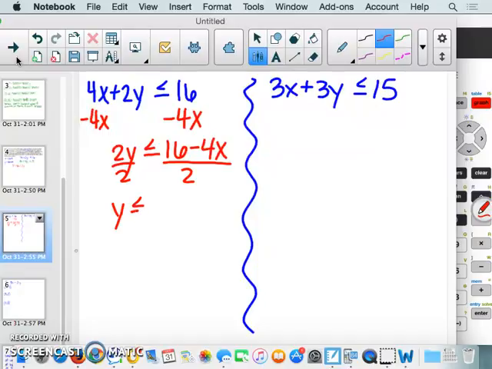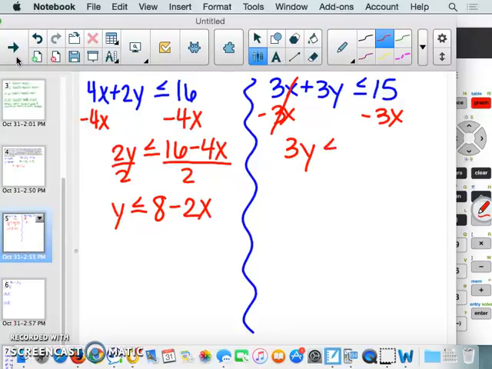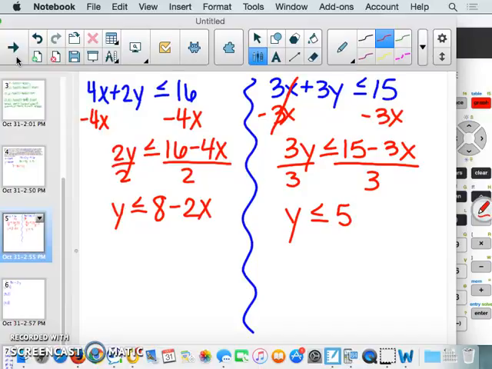So y is less than or equal to 8 minus 2x is the first one. And then subtract 3x from both sides on this side. 3y is less than or equal to 15 minus 3x. And then divide by 3. Y is less than or equal to 5 minus x.